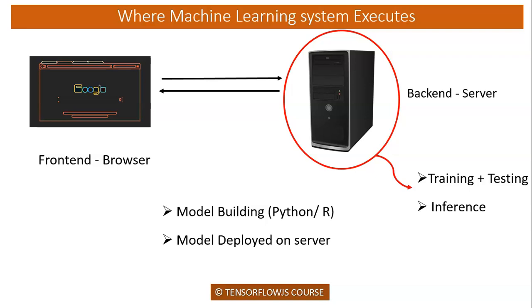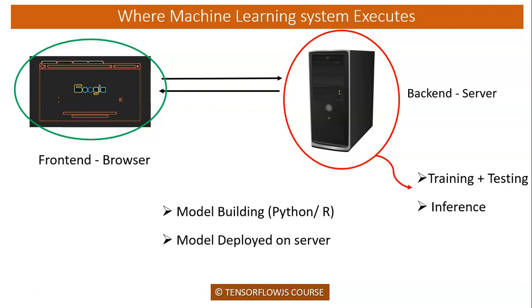Nothing happens on the client side, the browser side. Everything happens on the server side. The browser front-end application is just interacting with the backend server. There is no role of an intelligent system deployed in the front-end or browser application.